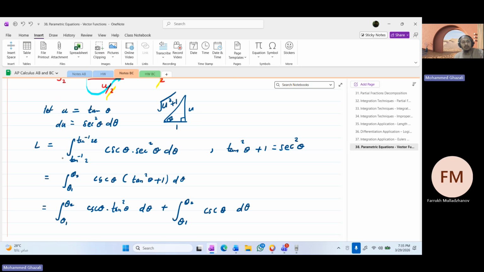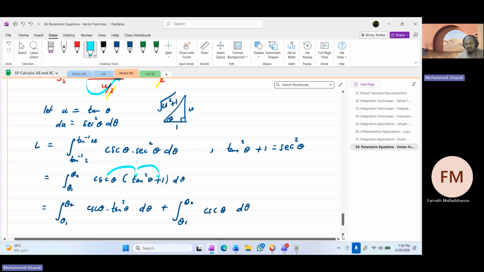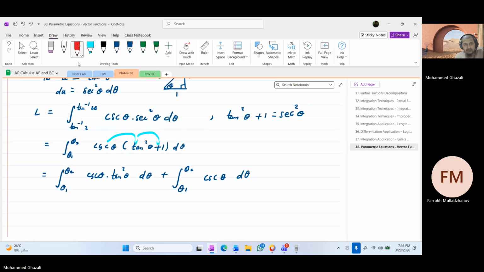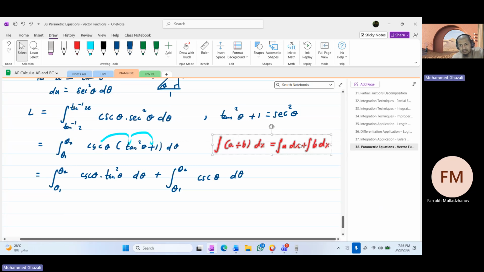Now this is a problem because remember there was two parts to the integral. This is one part and that's the second part. So I just split it up into different integrals, right? Because remember, integral of a plus b dx is the same thing as saying integral of a dx plus integral of b dx. It is a sum of integrals. You can take it into different parts.